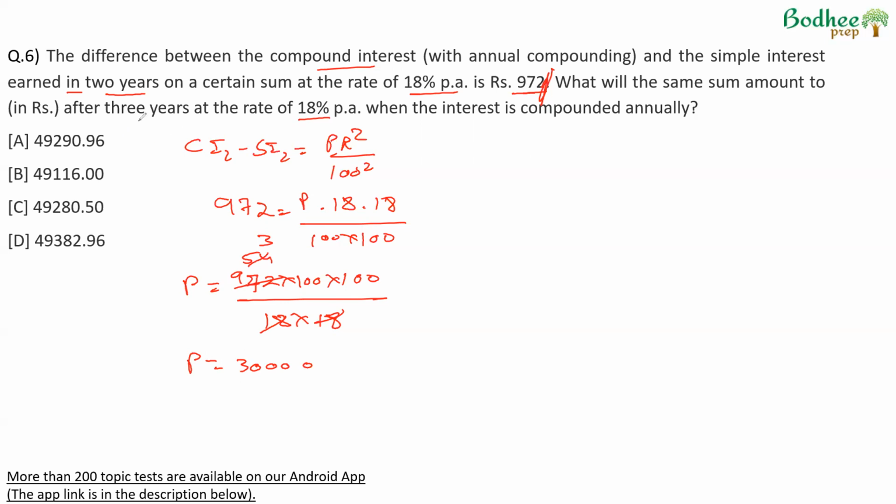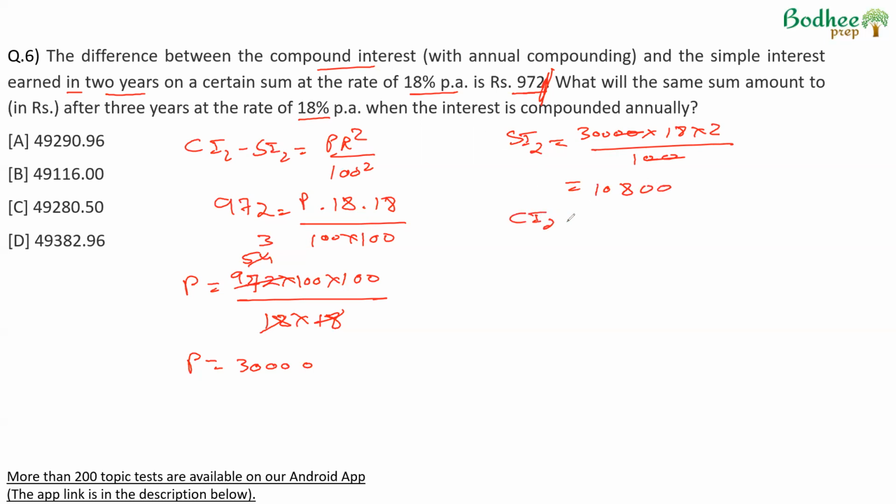On this, we have to find the compound amount after 3 years. Simple interest for 2 years on this sum will be 30,000 into rate into time upon 100, which is 10,800.